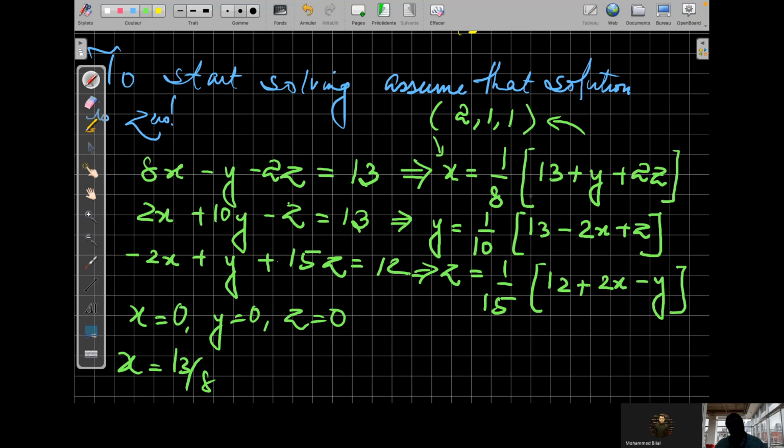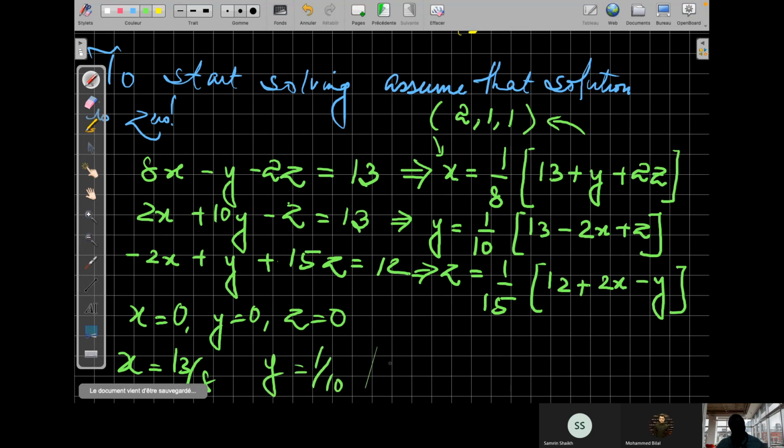Now, please understand what will happen for y. Y will become 1 upon 10 into, you have 13 minus 2 into the current value of x, which is 13 upon 8, and plus the current value of z, which is 0.